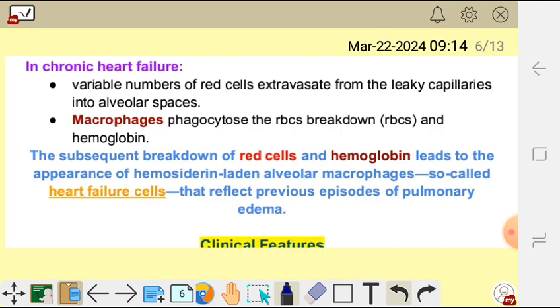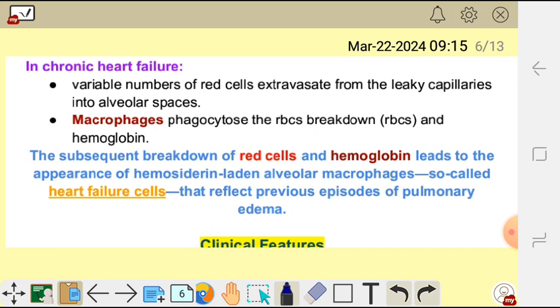In chronic heart failure, we are going to have variable numbers of cells extravasate from the leaky capillaries into the alveolar spaces. So in the alveolar spaces, we are going to have accumulation of red blood cells, and these red blood cells will be engulfed or phagocytosed by the macrophages. In the red blood cells we know that there is iron, and we also have hemoglobin.